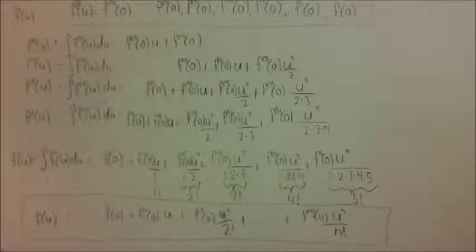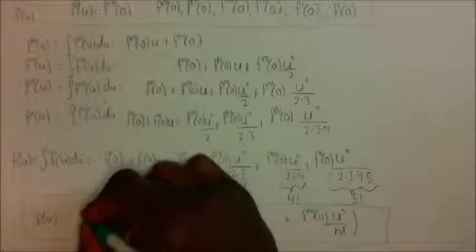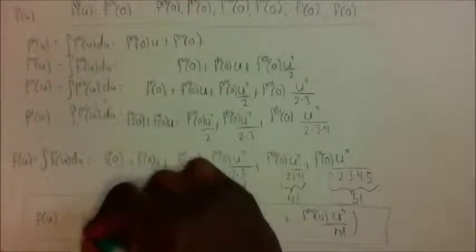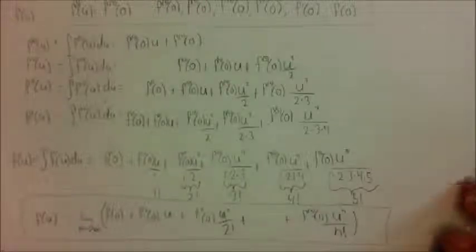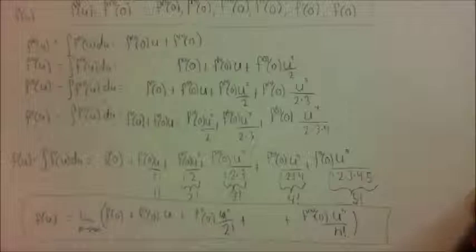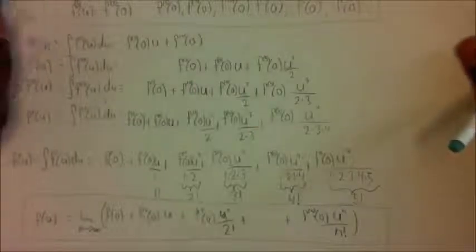And if we want to get it exactly, I simply put this in parentheses and take the limit as n approaches infinity. So let's go ahead and do an example to illustrate what I mean.